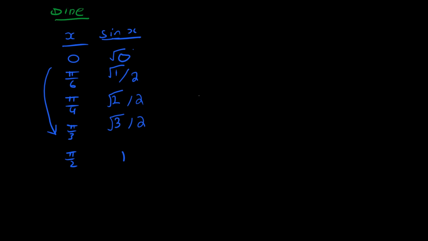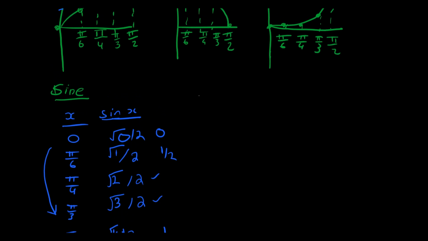And this would be root 4 divided by 2. You get 0, 1, 2, 3, 4 all in roots divided by 2. And if you simplify them, you get 0, you get 1 by 2, remains the same, and root of 4 is 2, 2 divided by 2 is 1. Get this table right here.